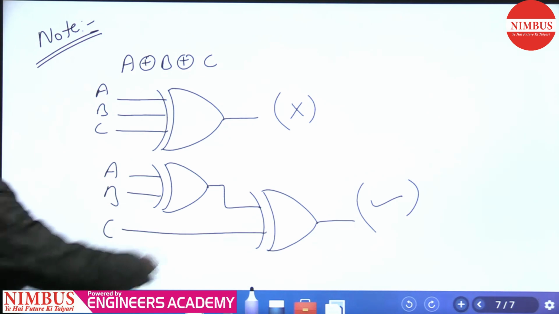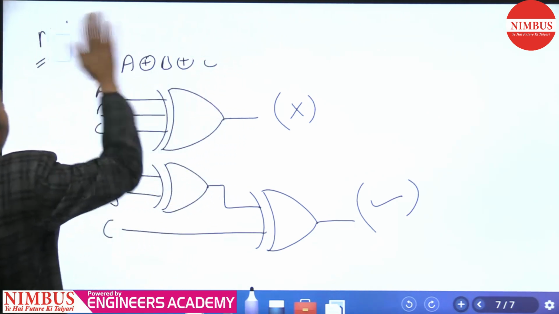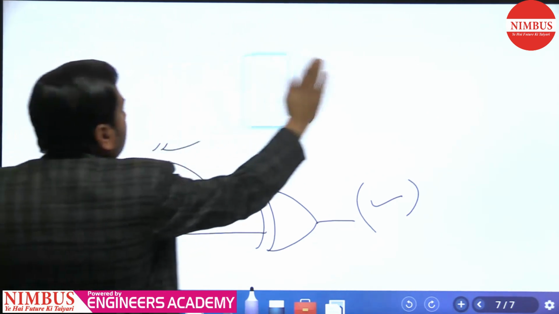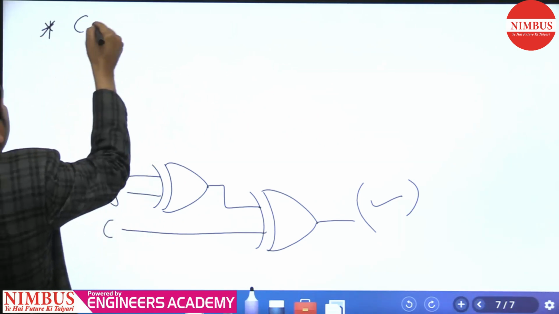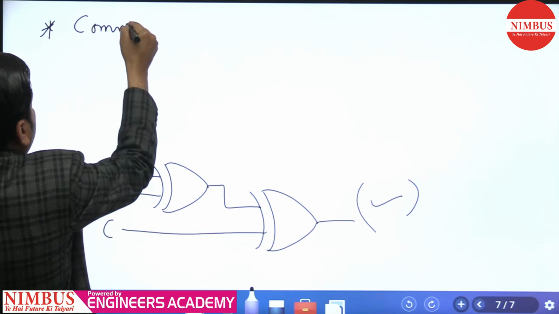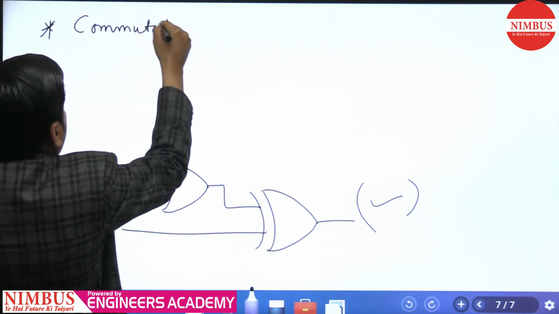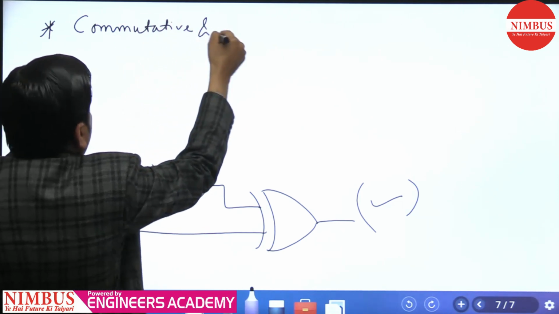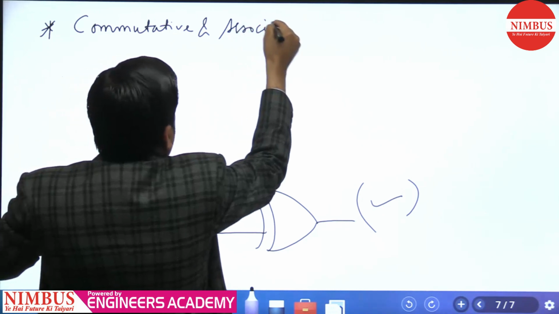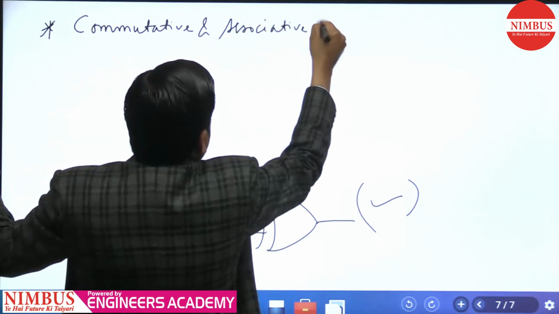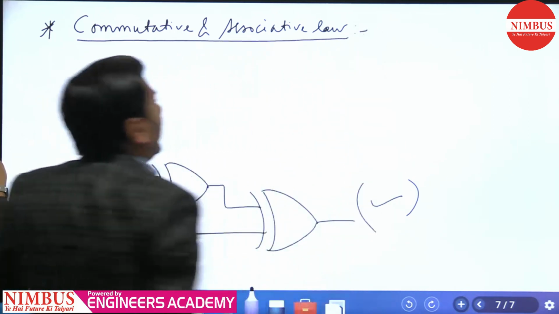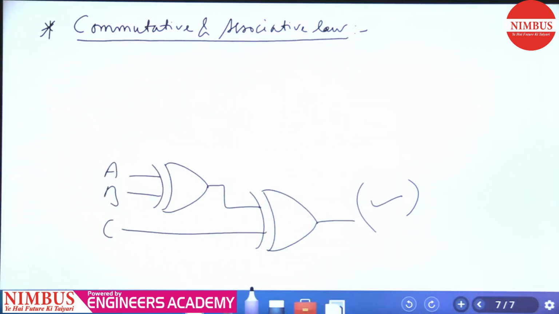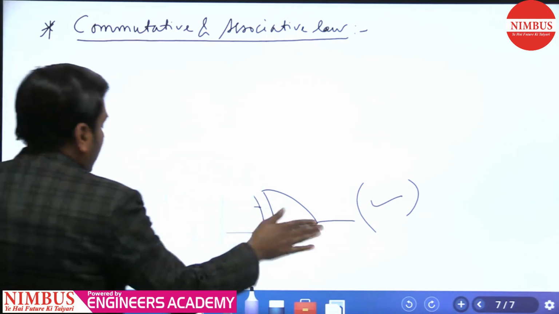Right? Now our next point: commutative and associative law for the XOR.